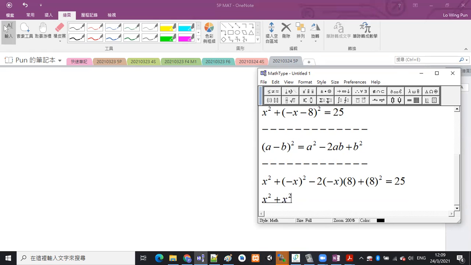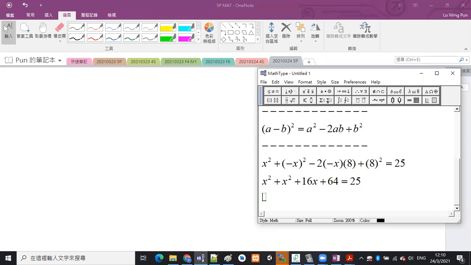You know that this part becomes negative, right? And then minus negative becomes double negative, becomes plus. Plus what? The number, we have 2 times 8, that is 16. And then the letter will be just x. So it should be plus 16x. And then 8 squared is 64.